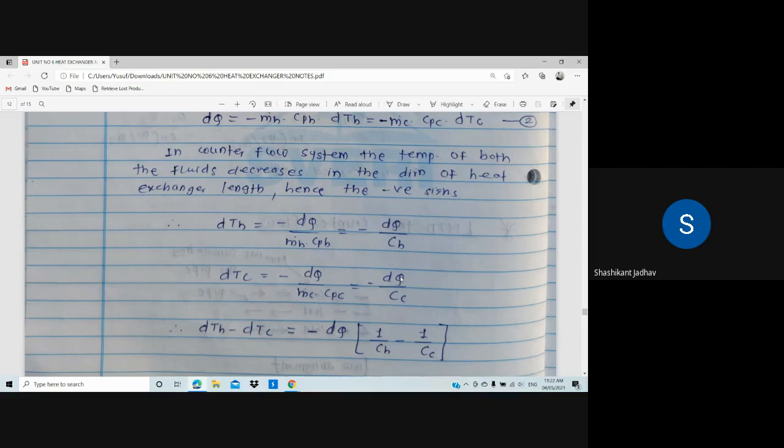So all of you write down up to this equation, dTh minus dTc.